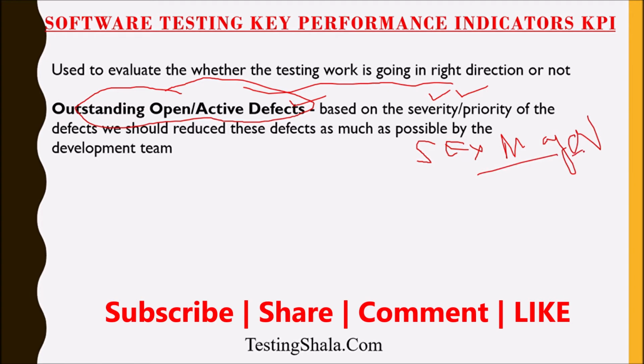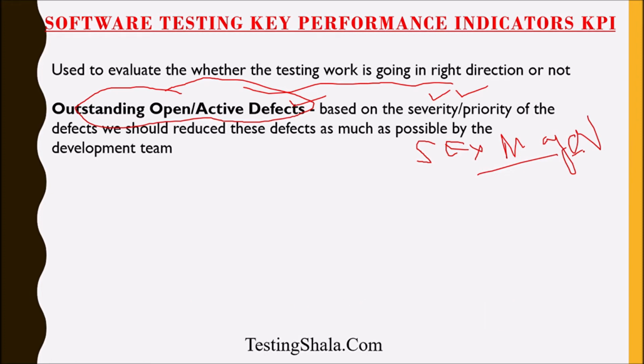And we will validate with this key performance indicator how is the health of all these open and active defects, how long these defects were open, and what is the status of each of these defects based on the severity. That would give an indication to the management team whether the testing team is not following up with development properly, or the development team is not able to fix the issues as early as possible, or they are having different challenges in fixing those issues.